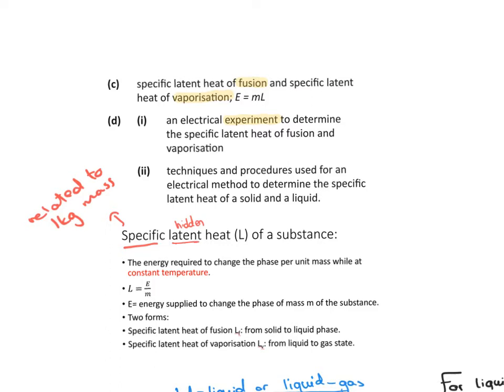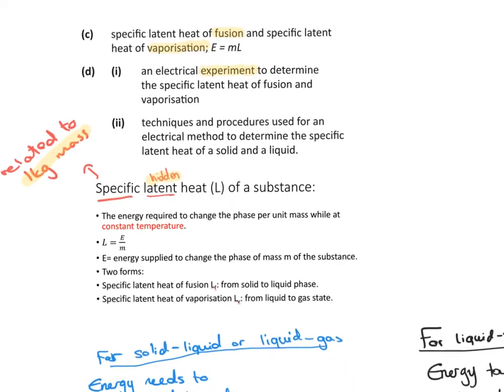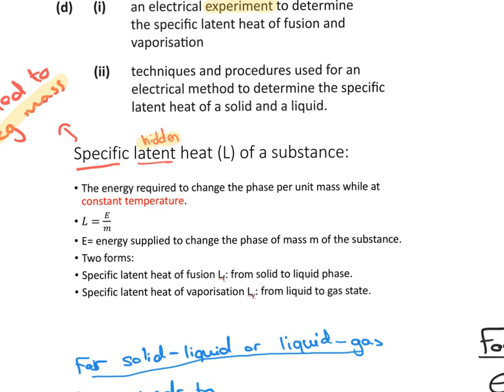Latent means hidden, and obviously because it's heat that you can't measure with a thermometer, that's why they call it hidden. So specific latent heat of a substance is the energy required to change the phase per unit mass while at constant temperature. If you look at the definition, it is the energy required to change the phase per unit mass. So energy per unit mass.